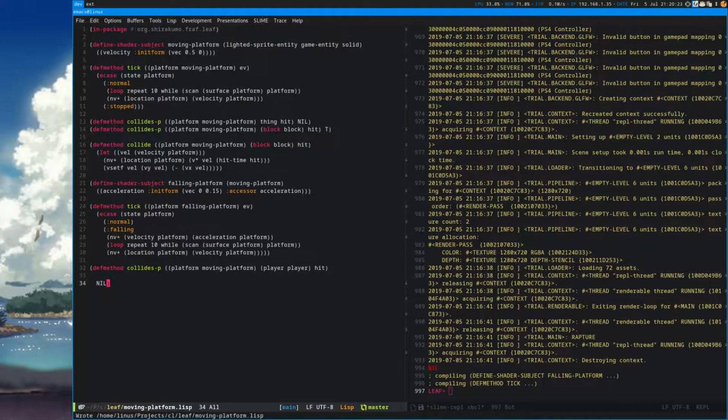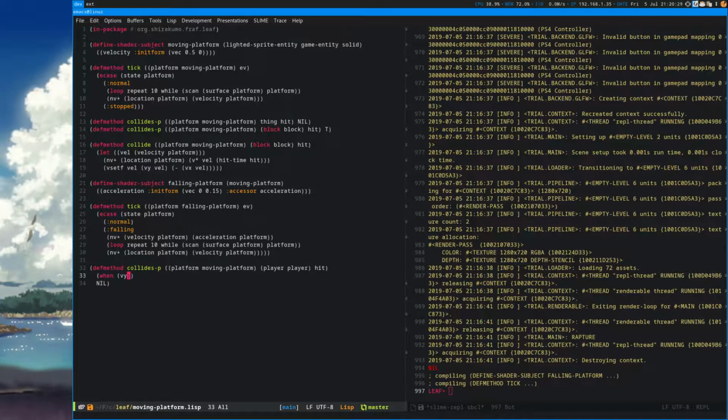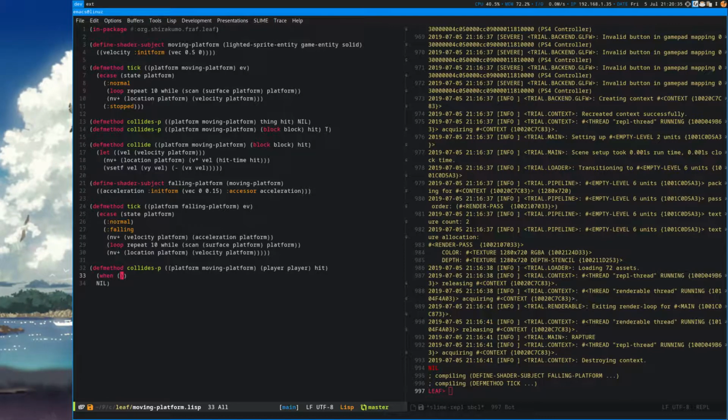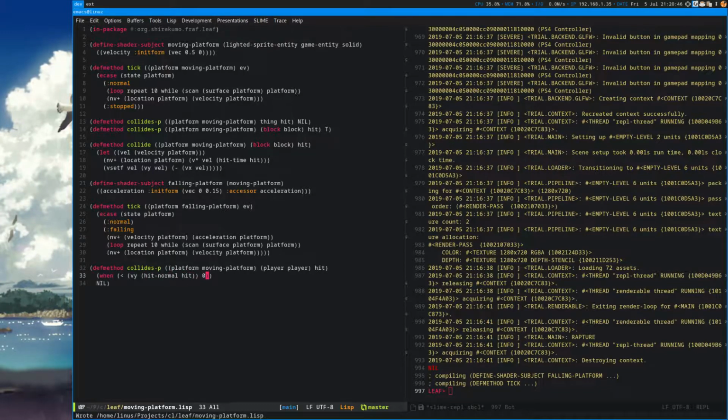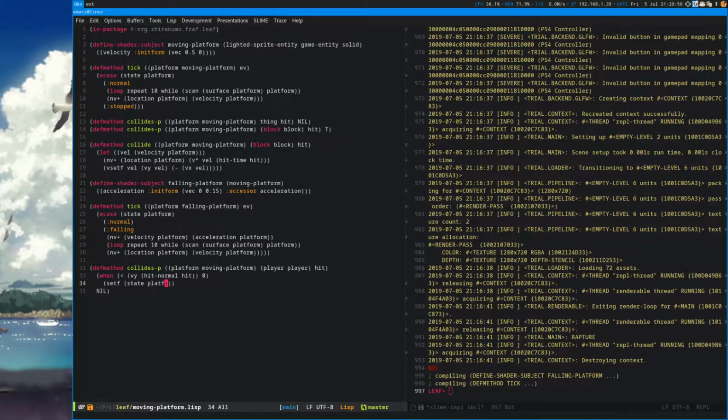I'm going to say does not collide, but if... Can we change the state to falling?